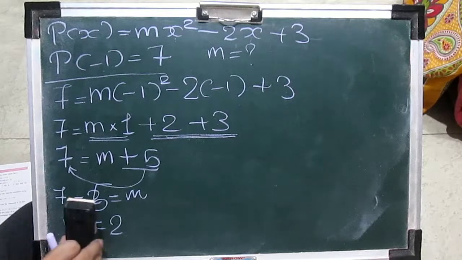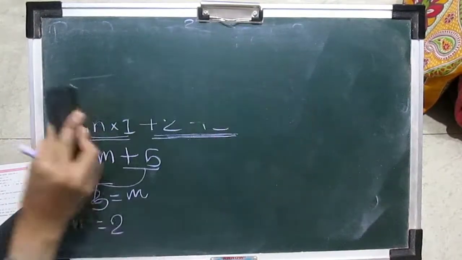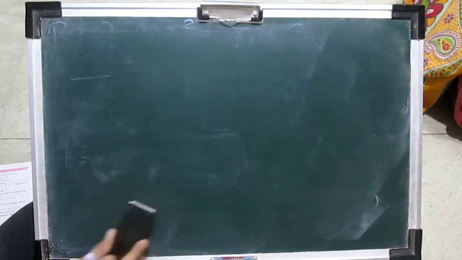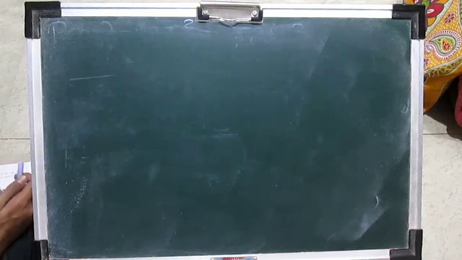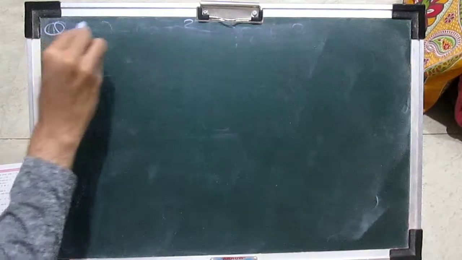Let's do question number 5. From question number 5, let's do some of the interesting ones. Simple ones you can try. Question number 5 says, divide using the factor theorem. We are supposed to find the remainder. So first I am going for question number 5, part 3.